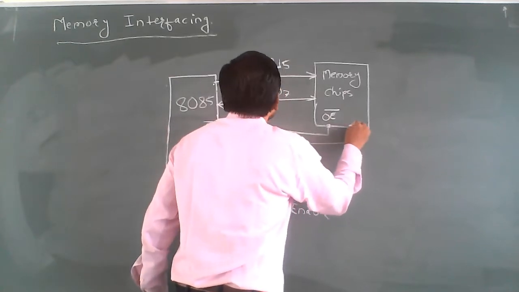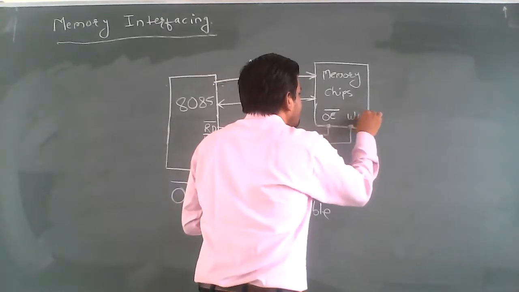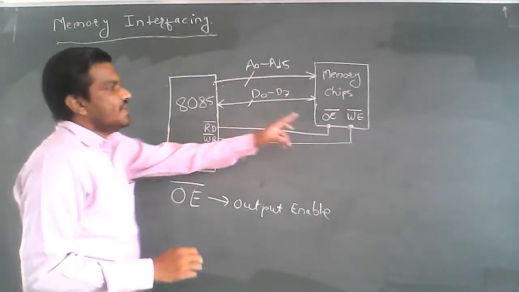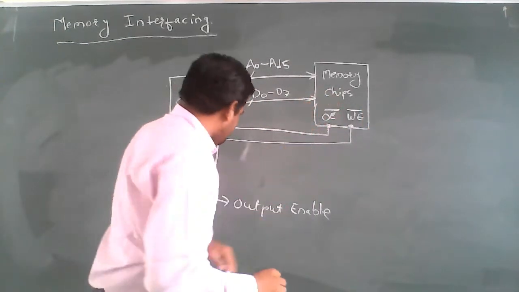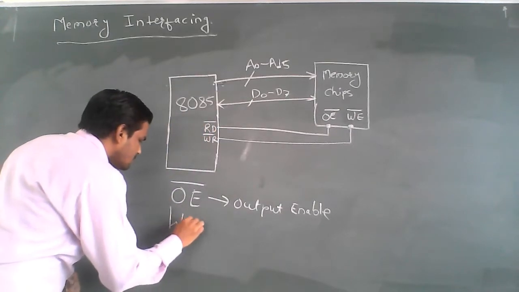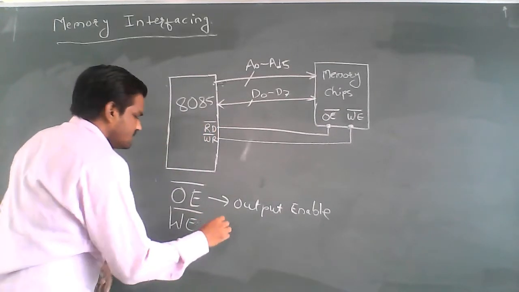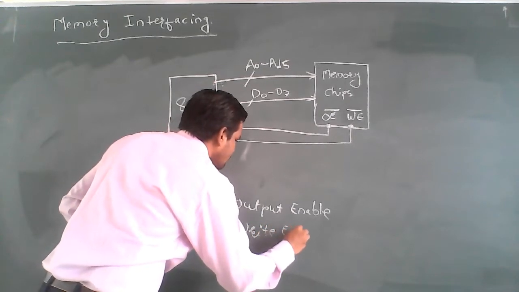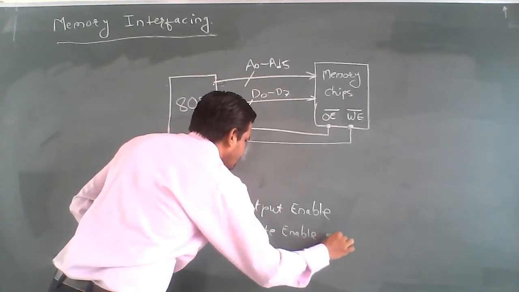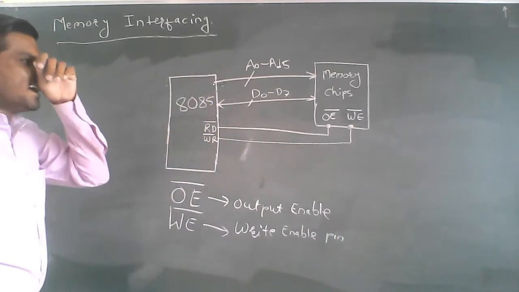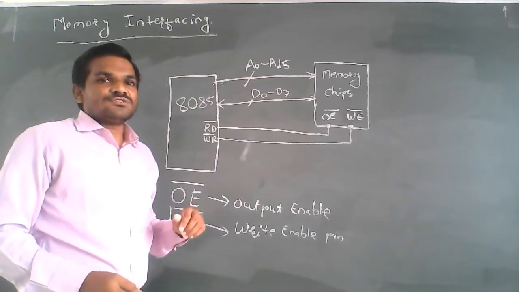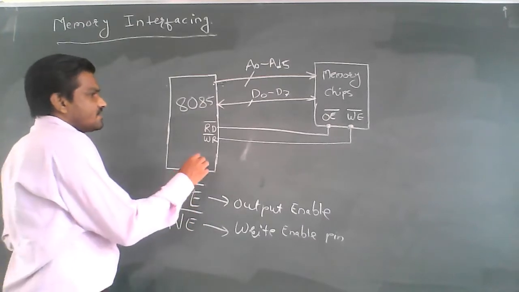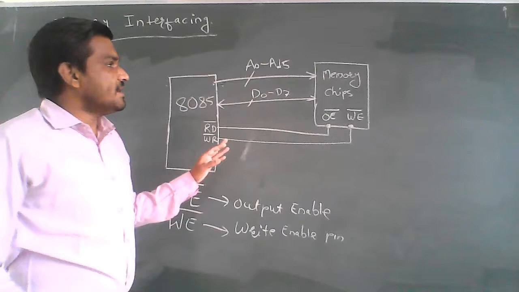This WR bar is going to connect to the WE bar pin on the memory chip. This is your WE bar, which is your write enable pin. Another pin is also there, that is your chip enable, or you can say chip select pin.